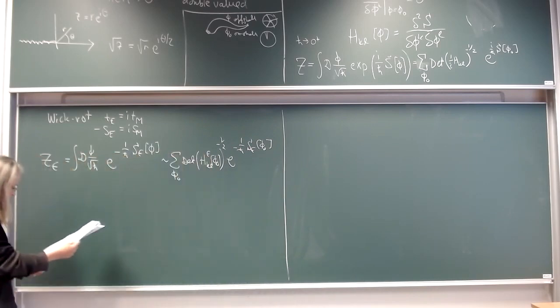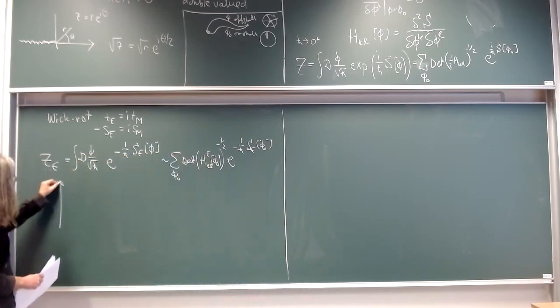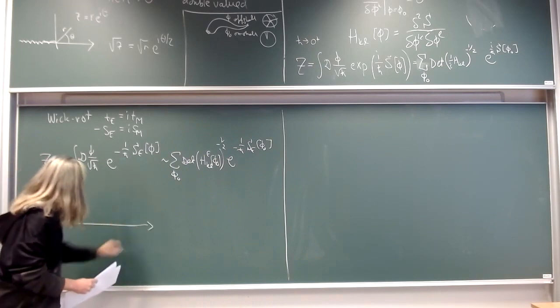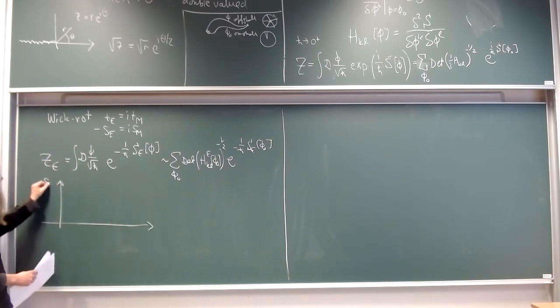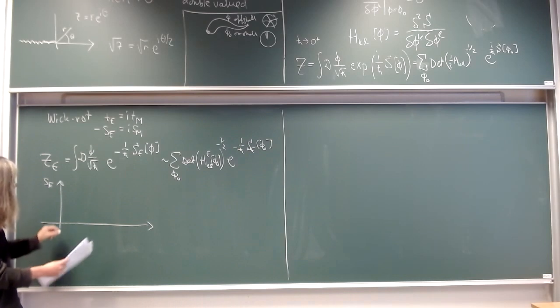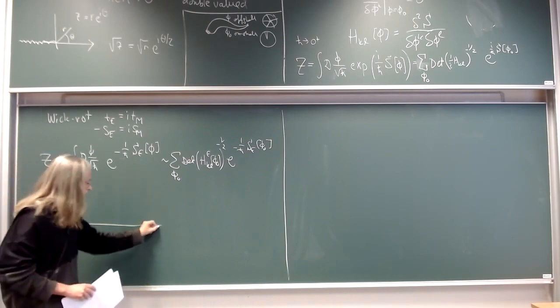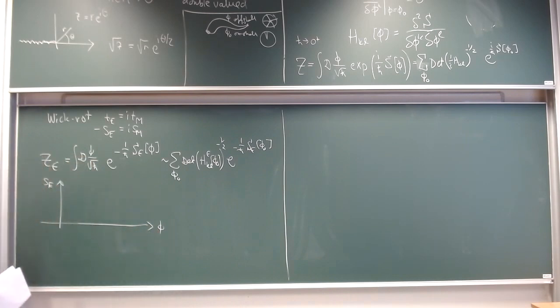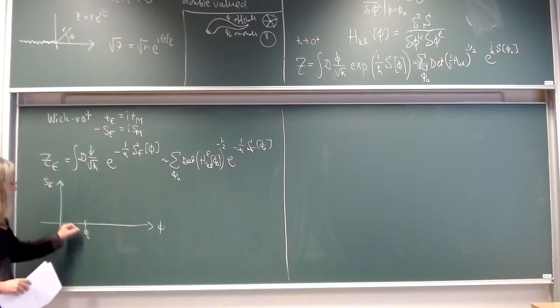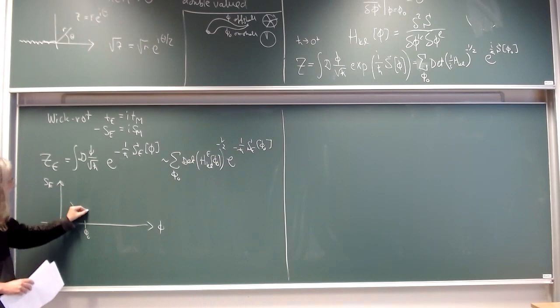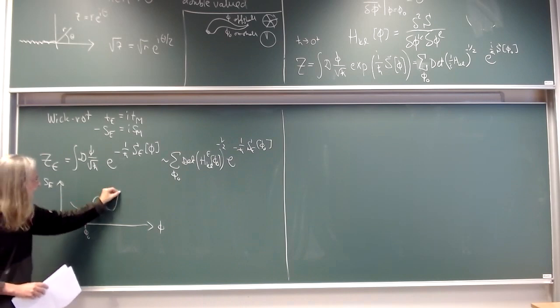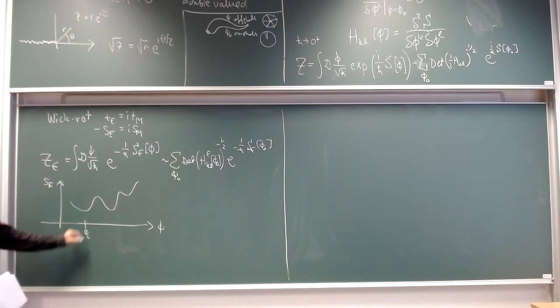In this case, the argument is a little bit different. If we have S Euclidean, we can imagine that this is a cartoon of our configuration space, and that there are some minima, something like this.